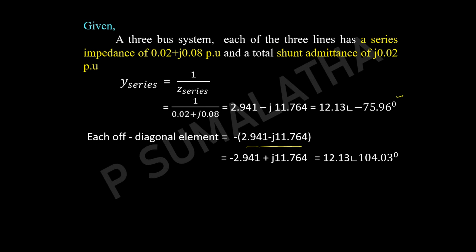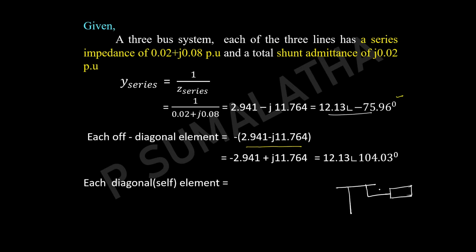So now we need to find out the each diagonal element of the Y bus matrix, which is also called as self-component. So here you know it is a 3-bus system, and from each bus 2 transmission lines will be terminated. So that means each transmission line will have a series impedance of this much.